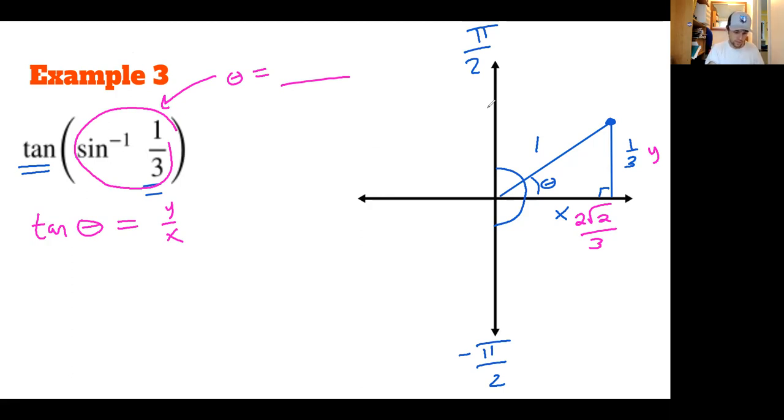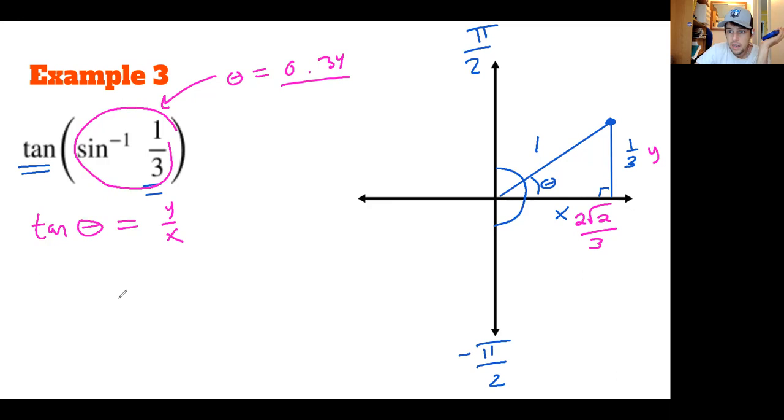Shift sine inverse 1/3. We could see that in radians, it's approximately 0.34 radians. But I don't really care. I just want to know what the tangent of this angle is. And by setting up this right triangle, I can find the tangent of it. I can find the y over the x.